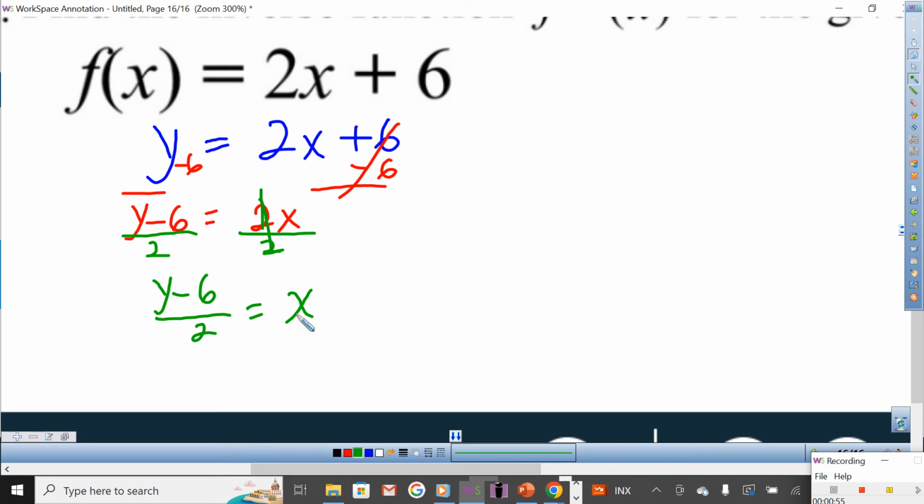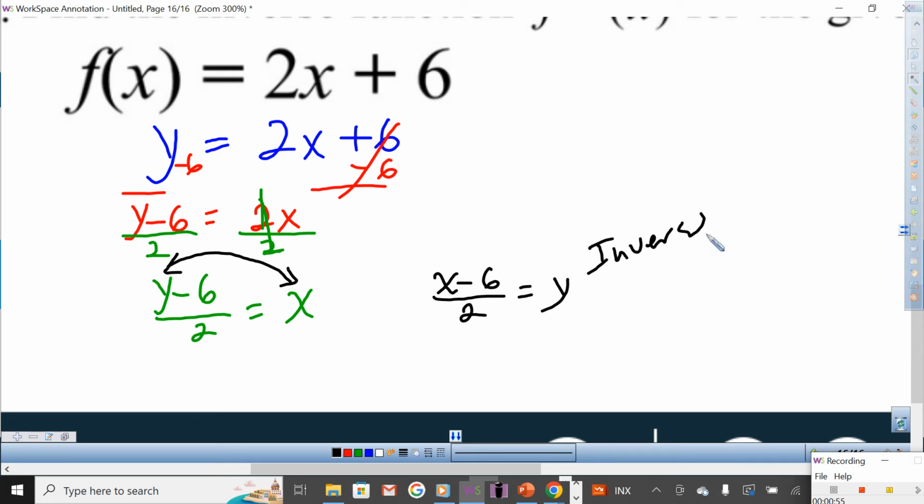Now, let me show you how to make this an inverse. Here it goes. This is the move. Ready? Here goes the move. Tell your neighbor what I just did to make it the inverse. What did I do to make it the inverse?